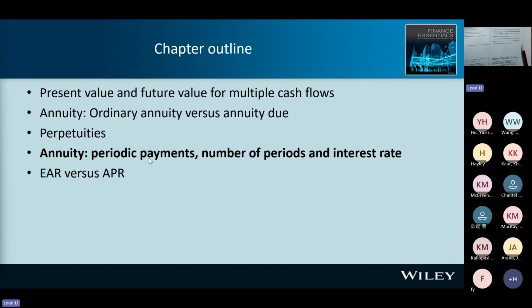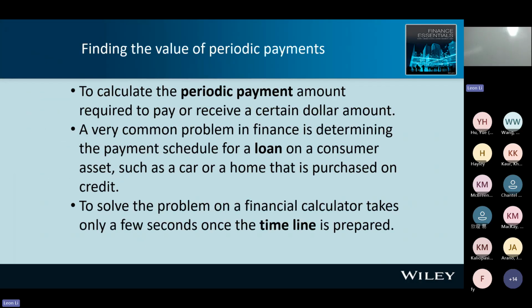So follow our PowerPoint slide. Next slide. First, we discuss finding the value of the periodic payment, like the payment for the house loan. That is, calculating the periodic payment amount required to pay or receive a certain dollar amount.